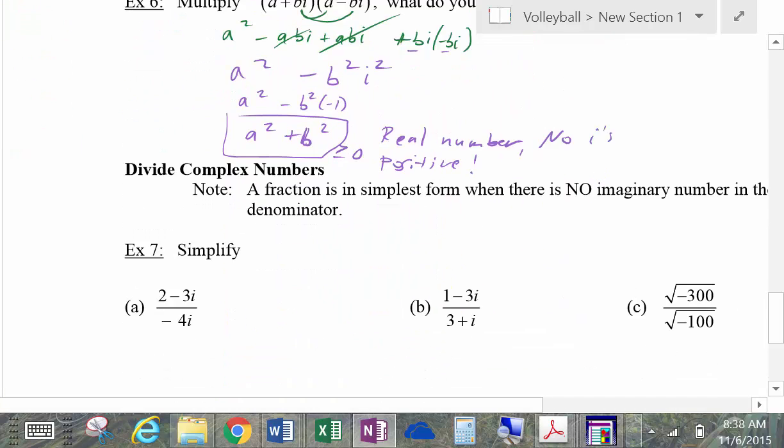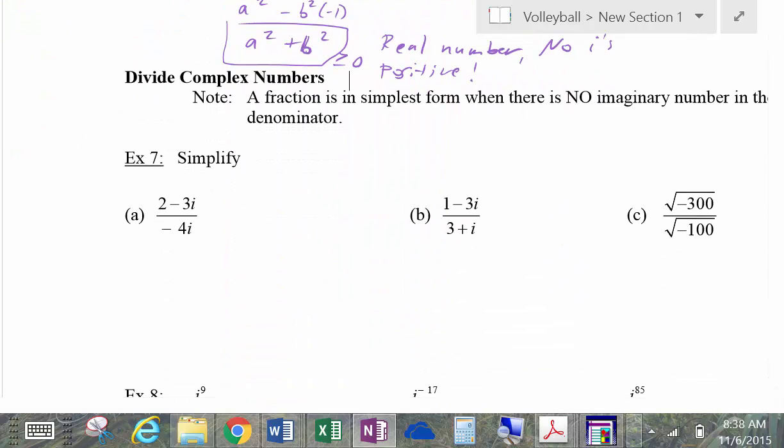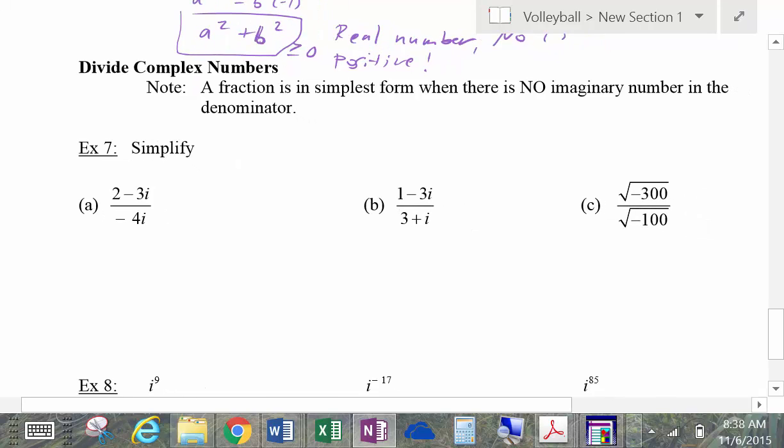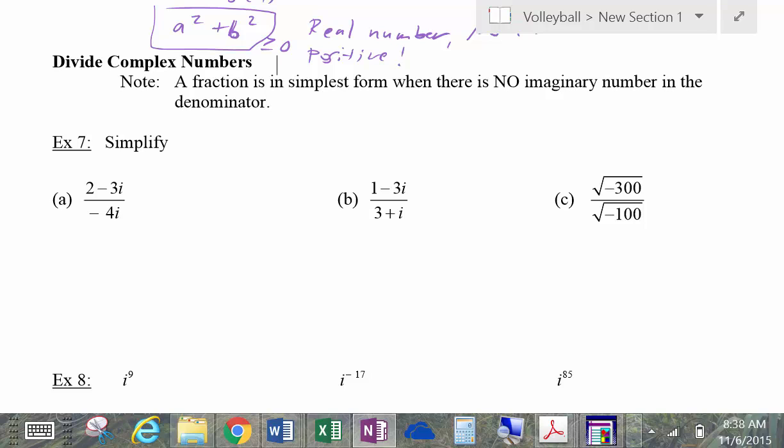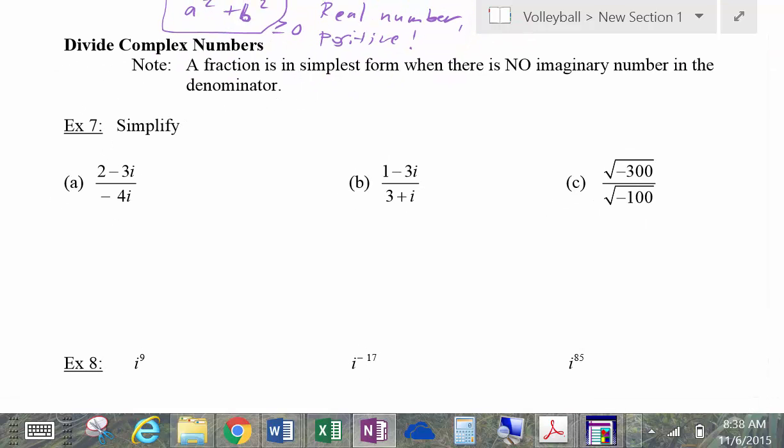All right, so dividing complex numbers. A fraction is in simplest form when there is no imaginary number in the denominator. So basically, imaginary number is square root of negative 1, right?